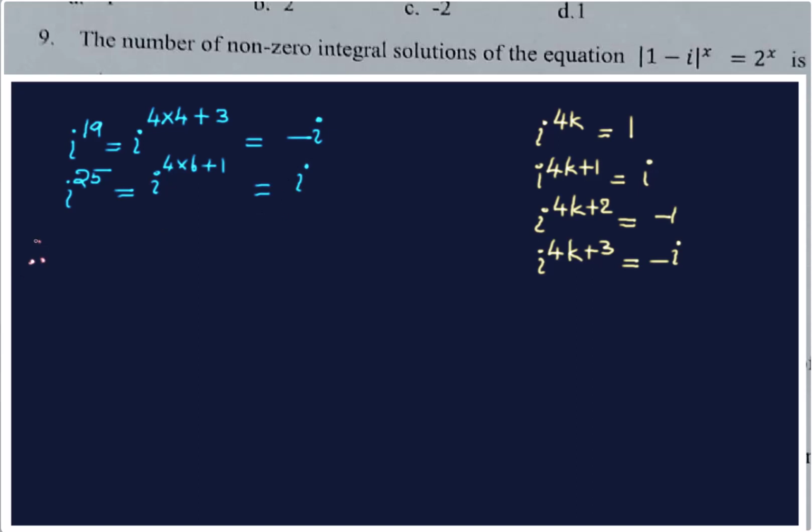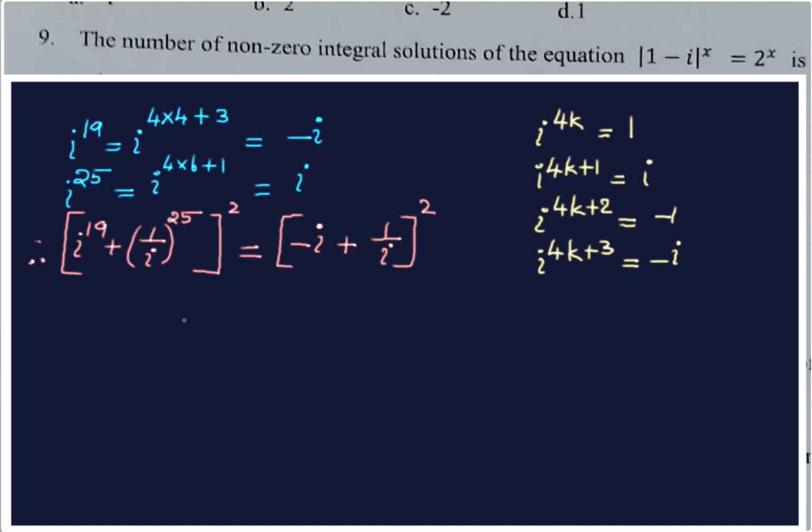Coming back to the original expression, i raised to 19 plus 1 by i raised to 25, whole raised to 2. Substituting the values of i raised to 19 and i raised to 25, it is equal to minus i plus 1 by i, whole square. So that is equal to minus i square plus 1 by i, by cross multiplying, raised to 2.